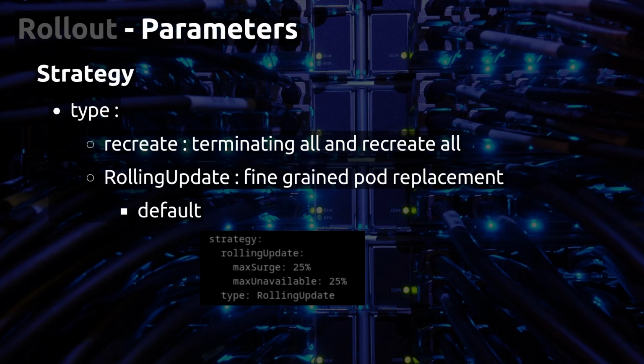And you can decide that during this rolling update you accept that Kubernetes can spawn more pods than the max replicas. In this example, we accept to have 25% more replicas. So this is really interesting to have. Of course, here it's in percent, but you can use an absolute value too. So these are the two kinds, the recreate and the rolling update mode.